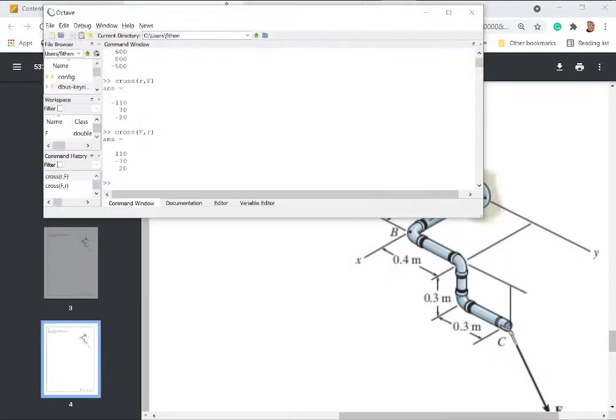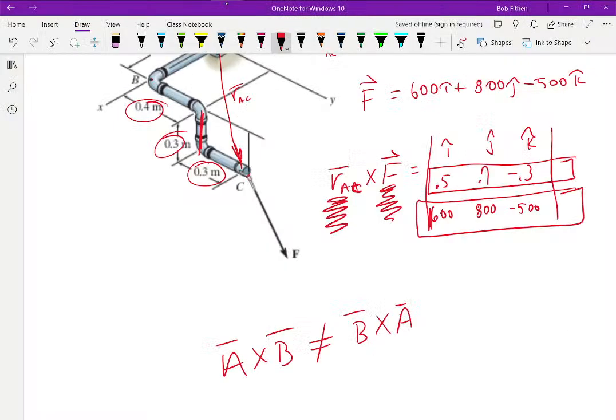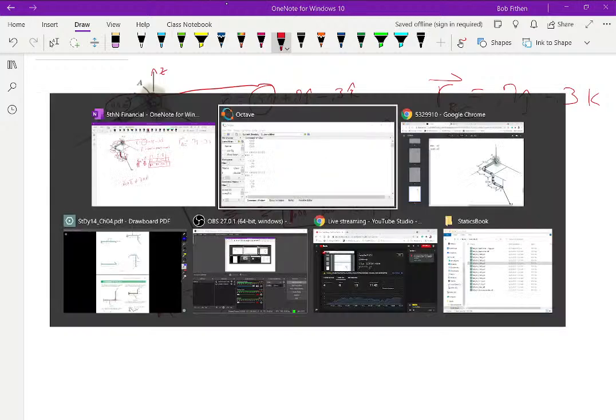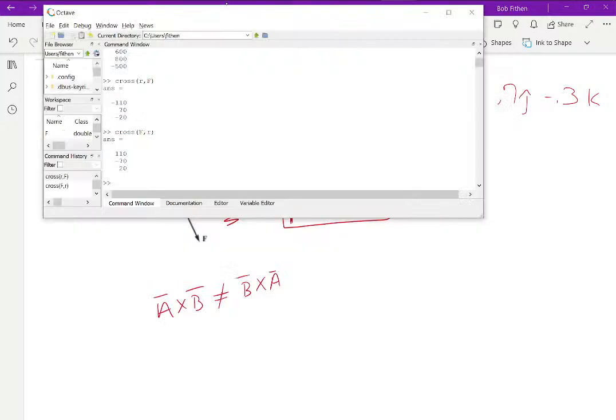So, in other words, if you did not have this, then that would be the R from B to C, 0.7J minus 0.3K. You already have most of the stuff in MATLAB. You could say R would just be devoid of that 0.5.